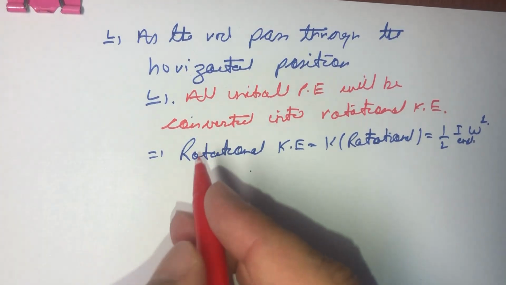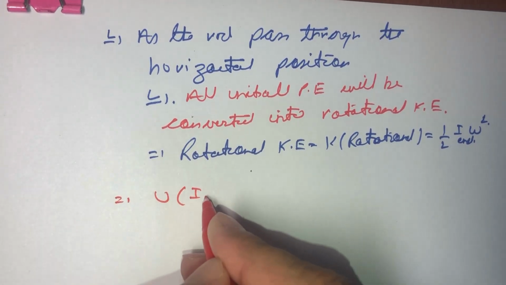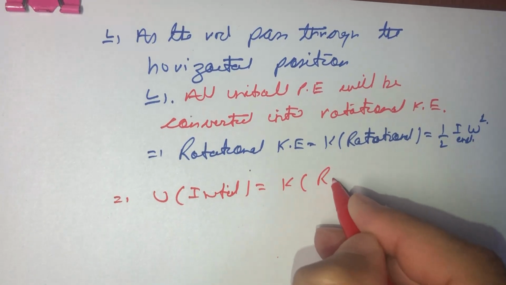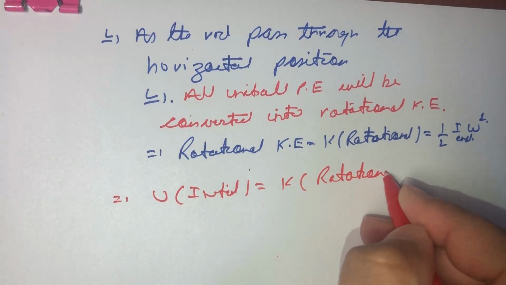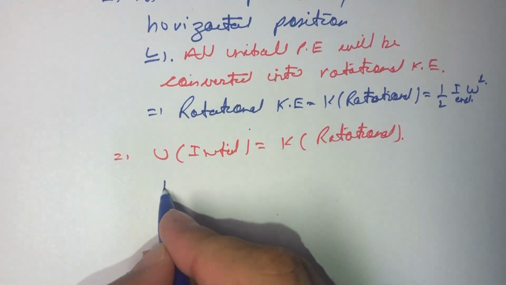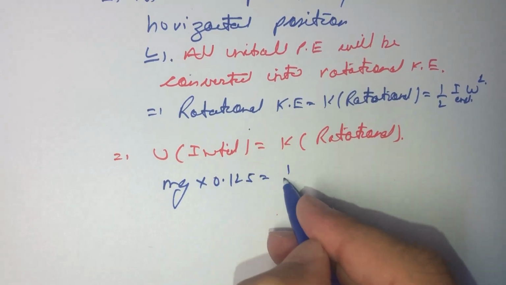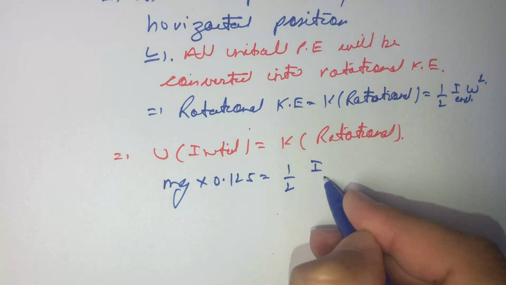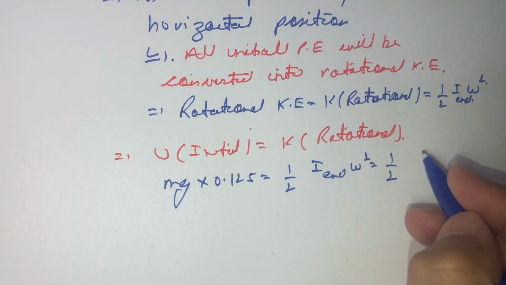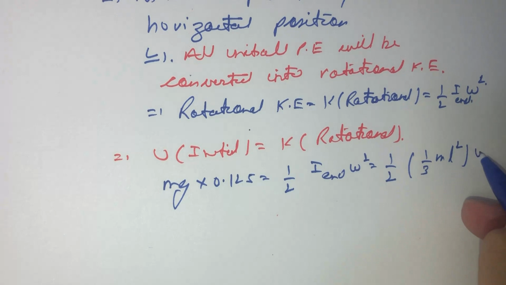So conservation of energy states that U initial will be equal to K rotational. U initial is mg into 0.125, and this equals half I end omega square, or half times 1 by 3 mL square omega square.